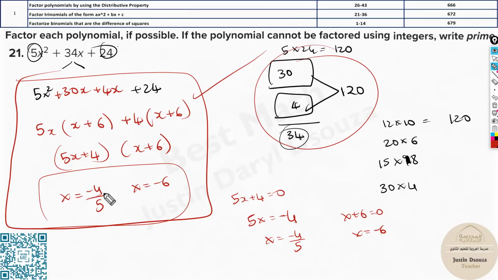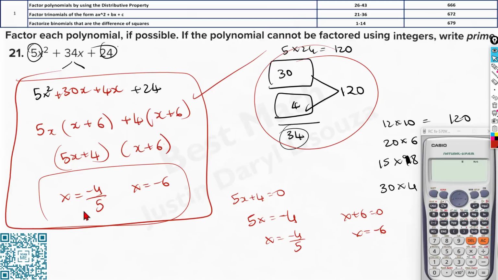Now let me show you the easy shortcut method. We all need our calculators for this. Now here we did this by the manual method, but if you use a calculator, let's press mode, you get equation option, that's more than 5, and this is quadratic, that is option number 3, that's power 2. By pressing mode 5 3, you get this screen here. Then all you need to do is type in ABC values.